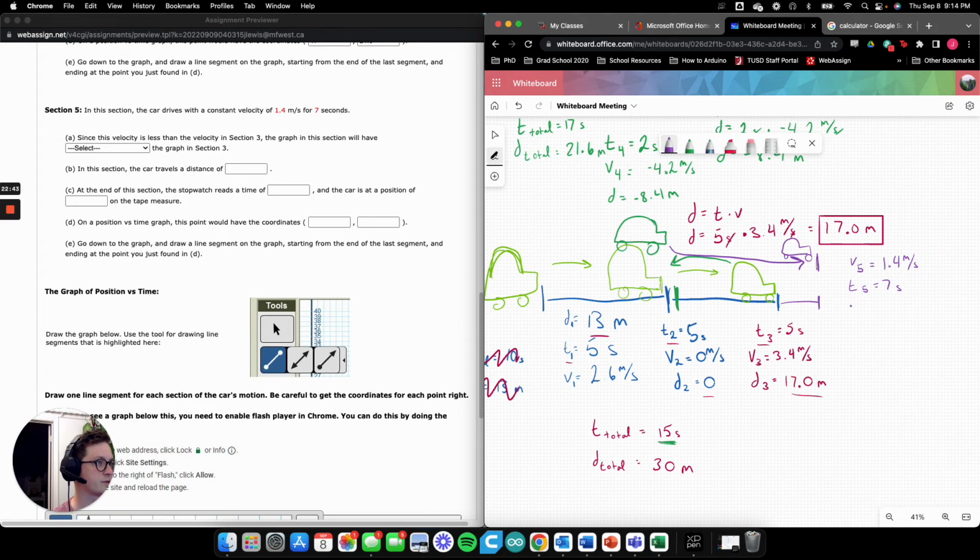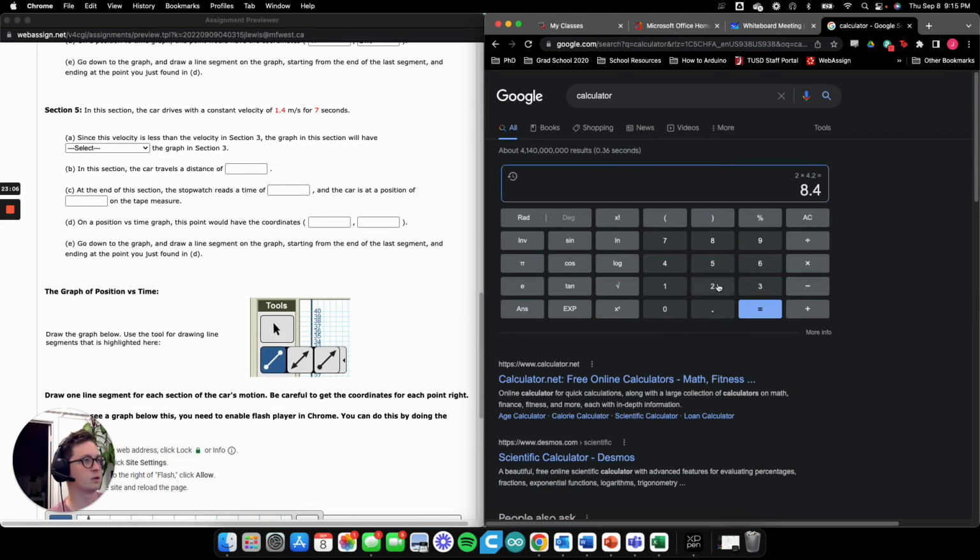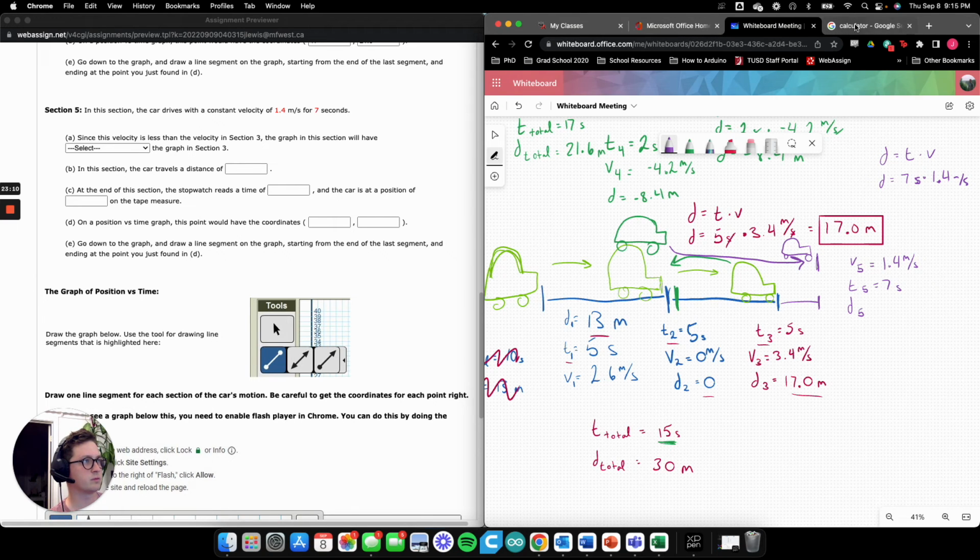So to figure out the distance for section 5, we do distance is equal to time times velocity. Take our time of 7 seconds times our velocity of 1.4 meters per second. Nope, 7 and 1.4.